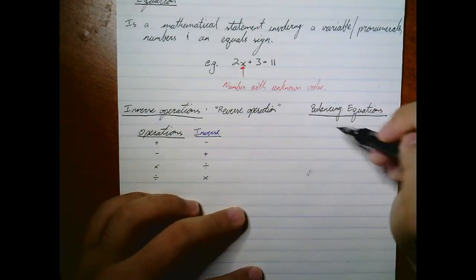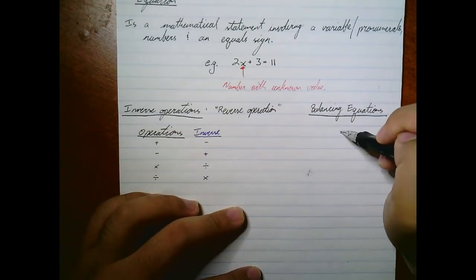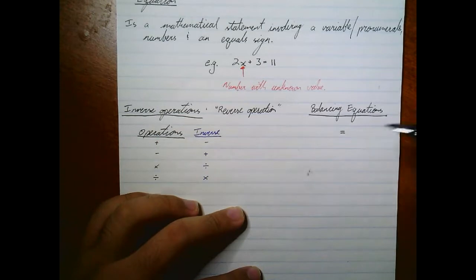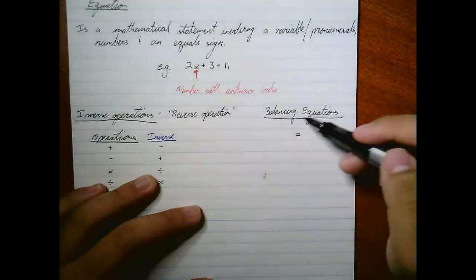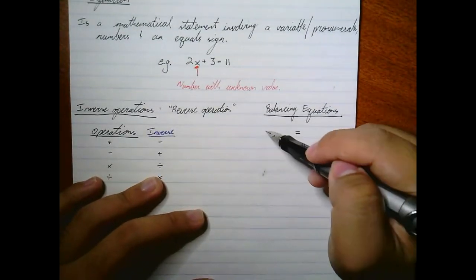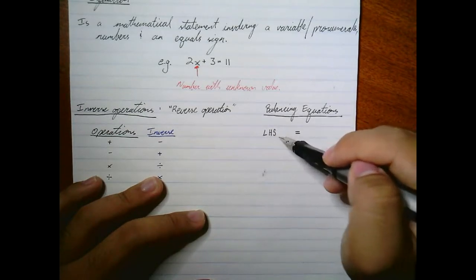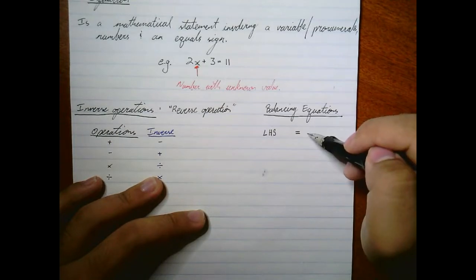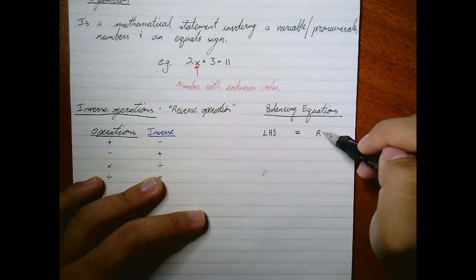So here we have an equal sign, and from the equals sign, we have the left-hand side, LHS, and the right-hand side.